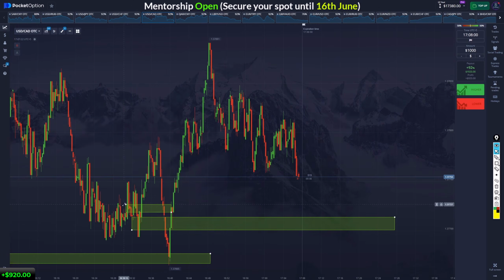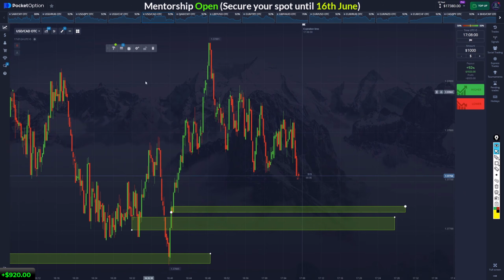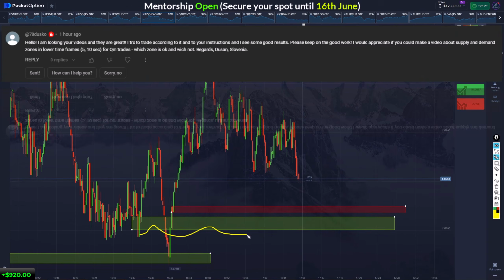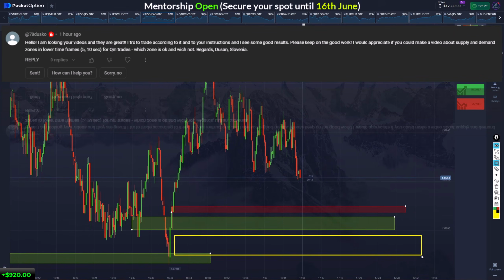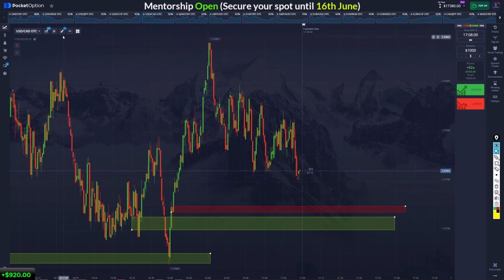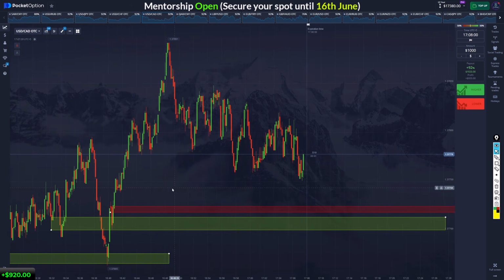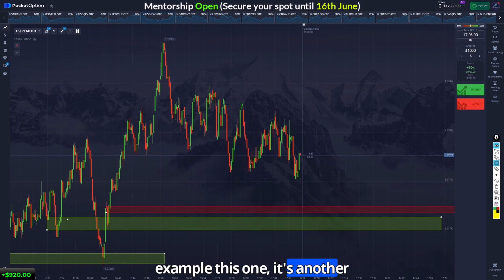So now, is this a good supply area? First of all, when we have a QM and we already draw the zone, we are looking for the supply below the initial zone, okay, for the safest entry. Okay, so for example, this one is another supply.